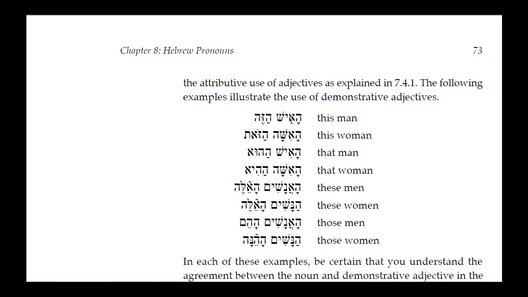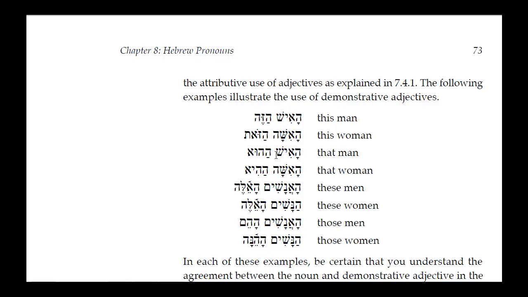This man, ha'ish hazeh. When we go to the feminine, we have ha'ishah hazot, this woman. Hazot agrees with ha'ishah in gender, number, and the definite article. We go to that man, we're going to go less specific. We go to ha'ish hahu, that man.